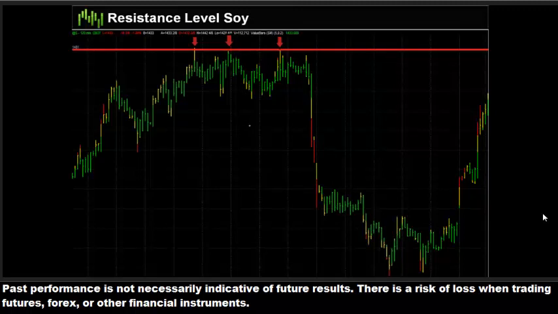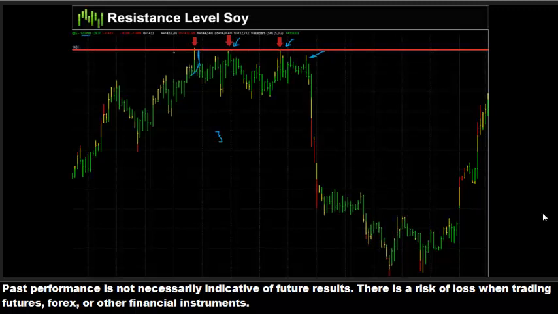Now, with the resistance level, it doesn't always have to be the exact price. It can oftentimes be in the area. So as you can see here, we have a fatter line drawn at right around 1481, and this is soy on a 120-minute chart. You can see it bounced off it right there the first time, right here the second time, right here the third time, and couldn't even quite make it back up to the resistance the 4th time.